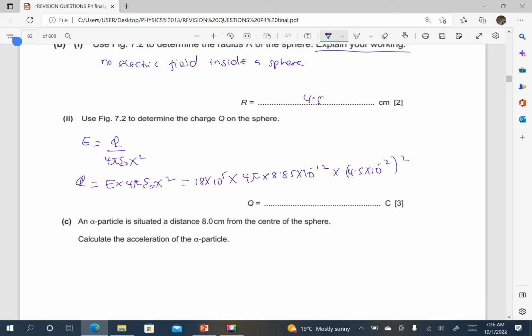I will just press my calculator. So from my calculator, I am arriving at 4.1 times 10 power negative 7.